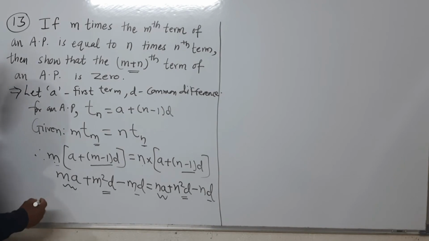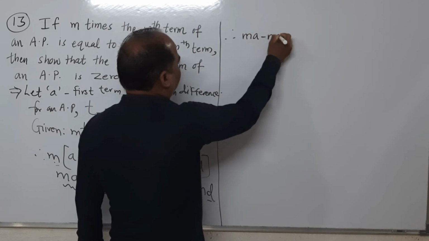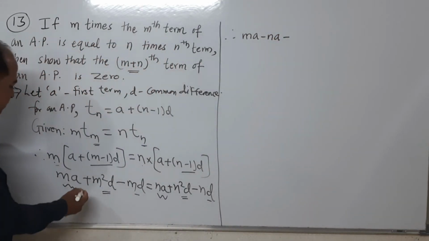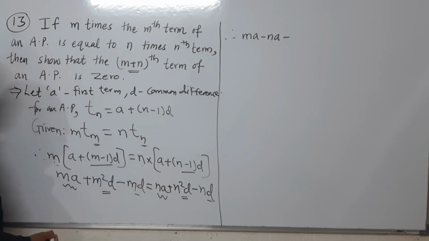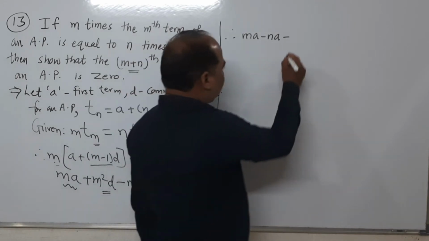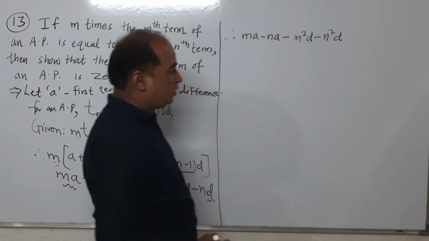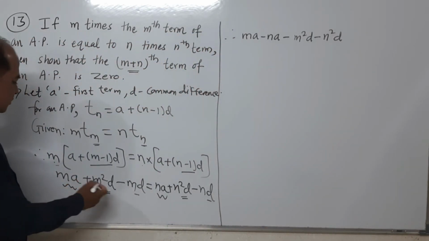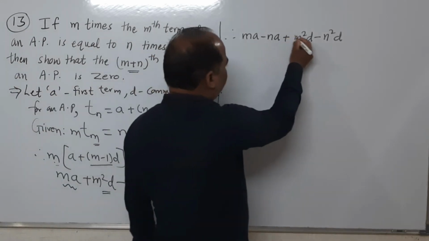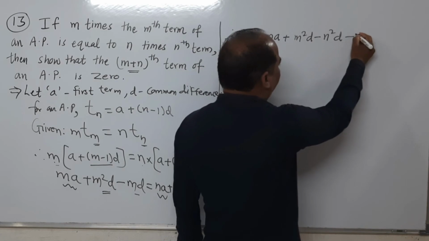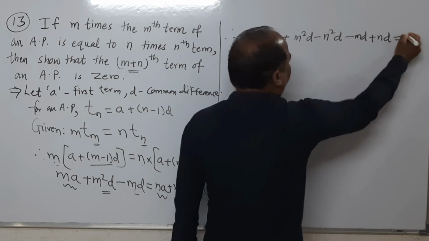So ma, therefore na, minus na, plus m square d, this plus n square d will come on the left hand side, it will become minus n square d. So n square d minus n square d on the left hand side of the equal to sign. So next is minus md minus nd. Here plus m square d minus n square d minus md, and nd will come, it will become plus nd.